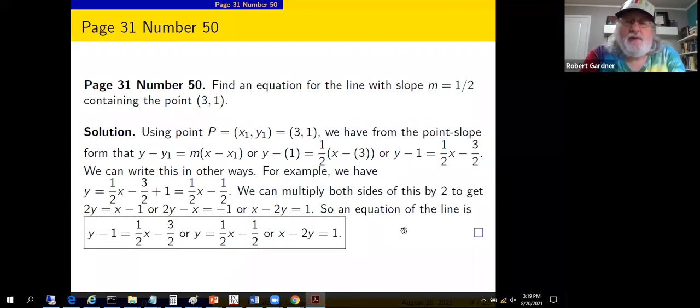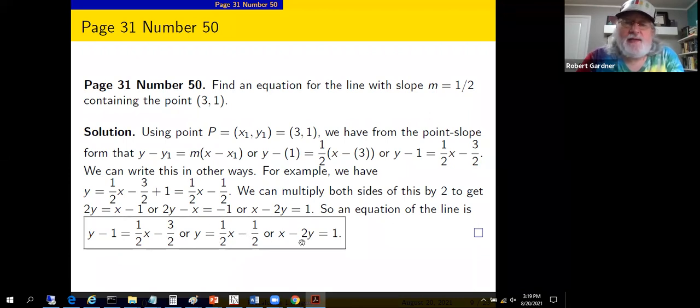Problem is, I got a bunch of versions for the equation of this line, a bunch of forms. Here's one, a perfectly legitimate point slope form based on the point (3, 1). I like this. We haven't given it a name yet. We will.